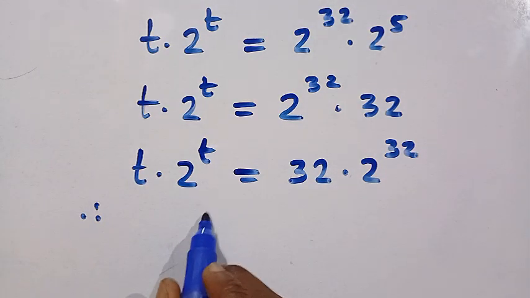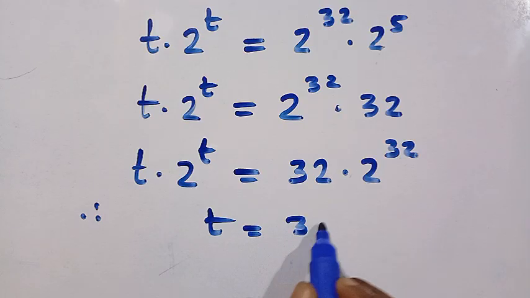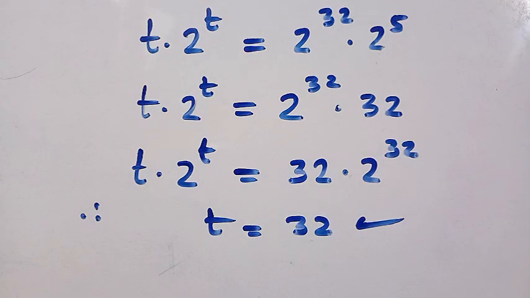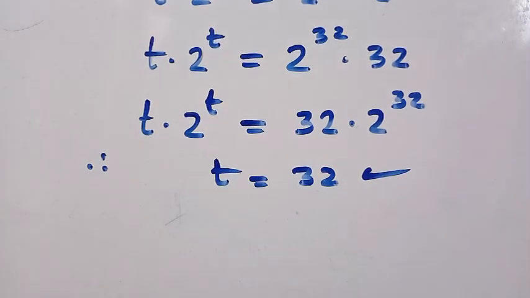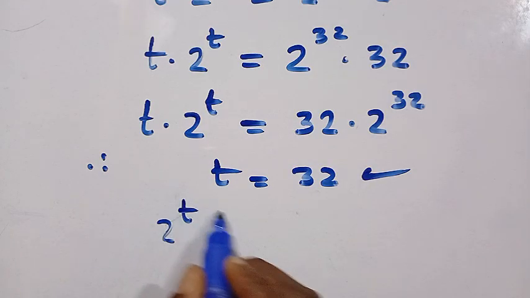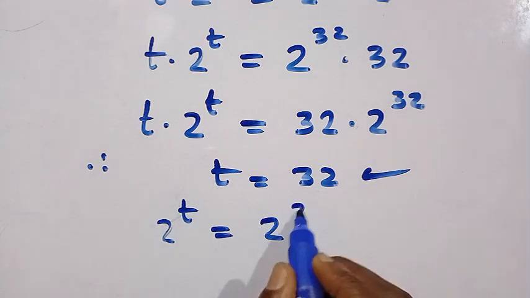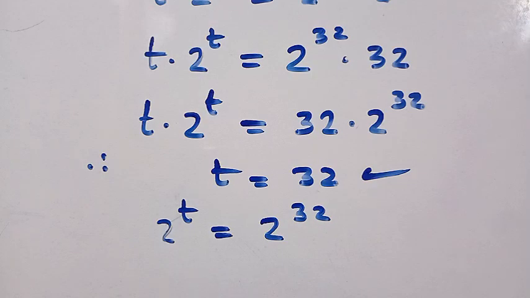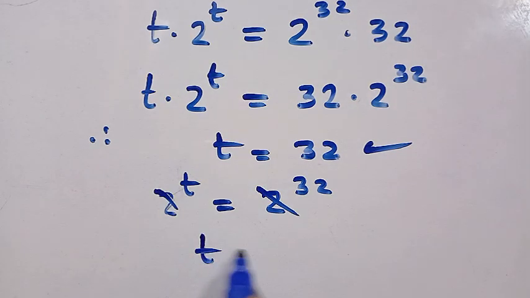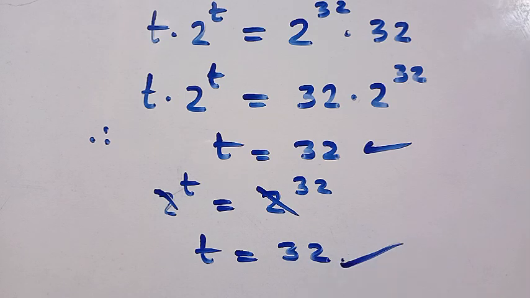You can just say t = 32, or again, we have 2^t = 2^32, and we cancel the same base, and we still have t = 32. So we get the same value of t by comparing either t, or 2^t with the corresponding side.